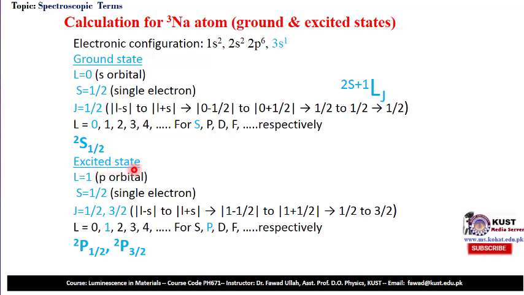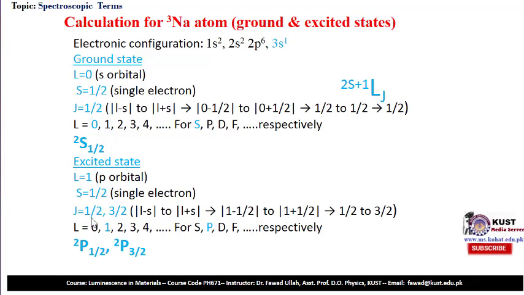Now let's calculate it for the excited state. We already know that when the electron from the ground state S is excited, it will go to the p state, and for the p state L is equal to 1, the orbital quantum number. Then the total spin quantum number for the single electron of the excited state of sodium is S equal to 1/2.